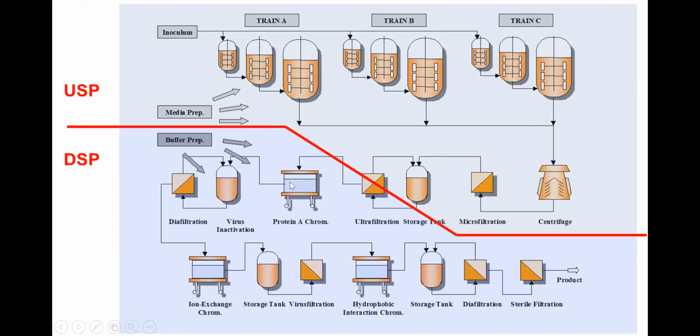Further on, it will go through chromatography, high resolution chromatography, to further separate protein A out from the rest of other junk protein. At the same time, there will be a place to prepare the buffer.